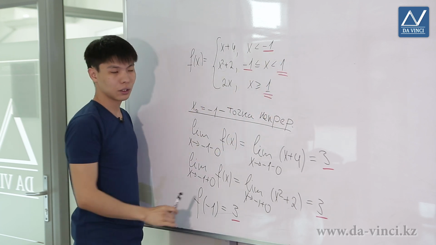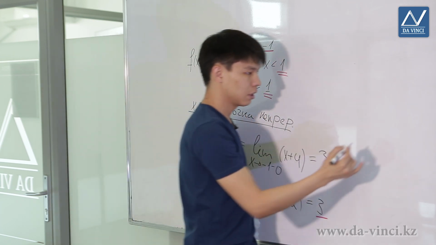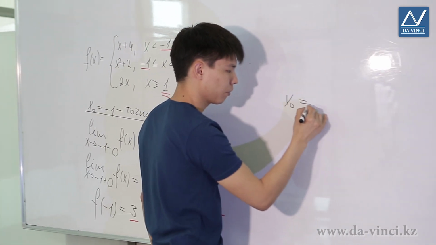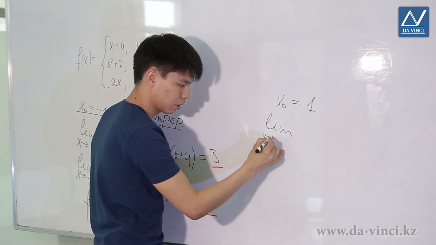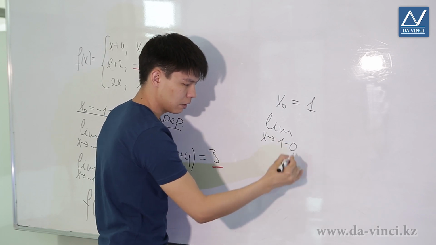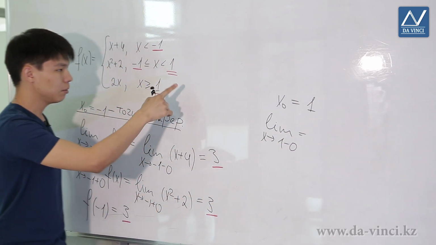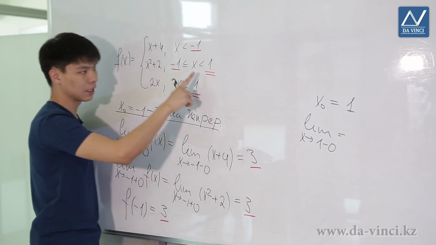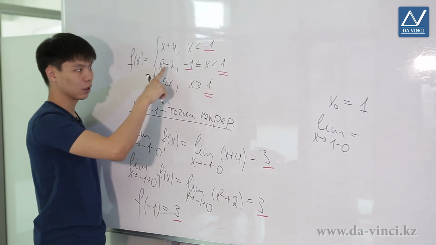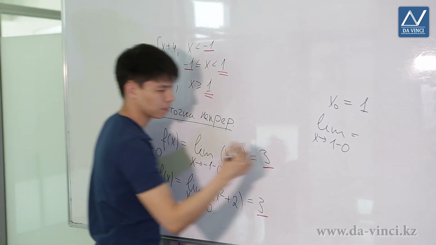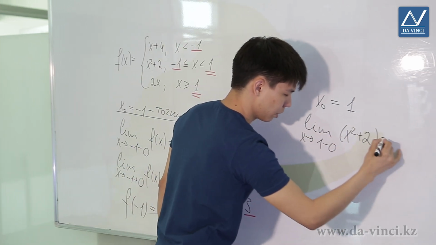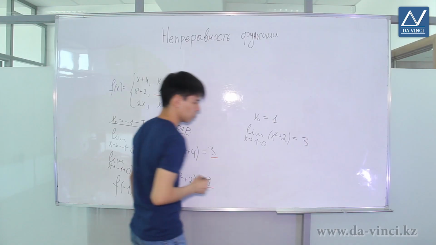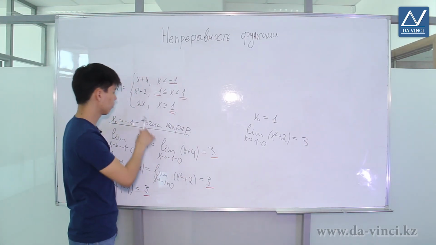Examine the function at point 1. The same thing. Now we have x0 equal to 1. Again, counting the limit from the left, 1 minus 0. So it's a little less than 1, so we fall into this interval. It turns out x squared plus 2. Counting this limit, it will be equal to 3.